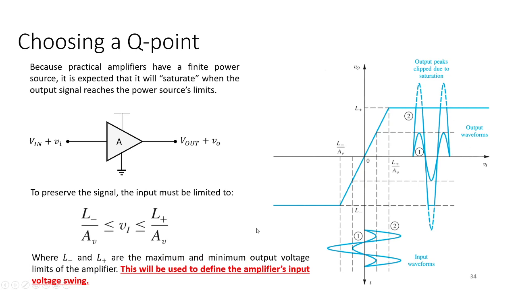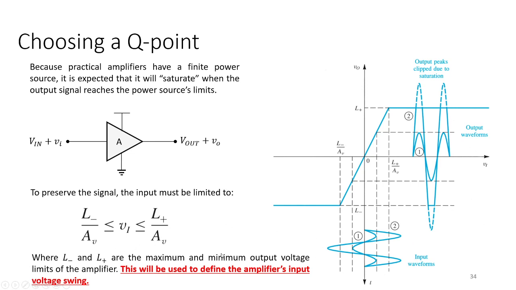How do we now consider the input side? Because the output is limited from L minus to L plus, we can find that the input is limited to L minus over the gain at that point, and L plus over the gain. Remember what you did before: if this is our signal and the gain is a certain value, and we get an output greater than the limits, we will get a clipped signal because this input is too high.